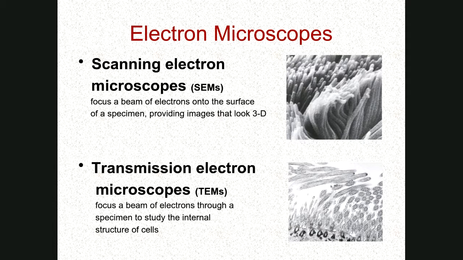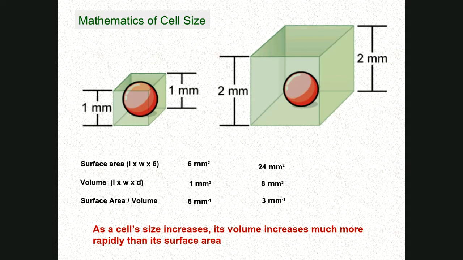So let's look at this. Let's do some math for cell size. I have the first cell and I have the second cell, all right? The surface area for the first one is 6 millimeters squared. The volume is 1 millimeter cubed.